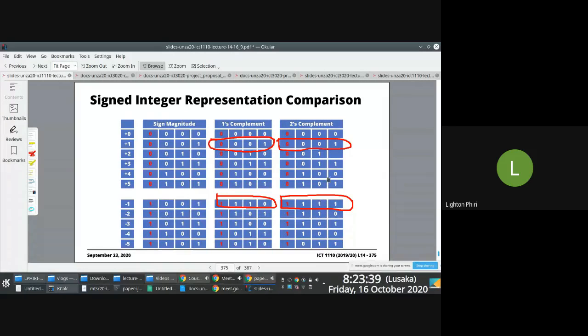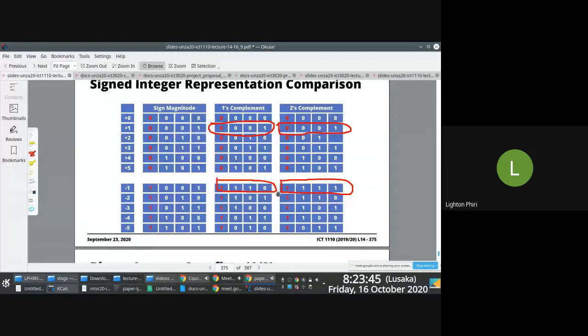Does this make sense? If you start performing your subtraction operations here by just adding the positive and negative numbers, you notice that as you're working with sign magnitude, you get very strange things. But when you're working with 2's complement, for instance, if we have +1 and -1, 0, 0, 0, 1 and 1, 1, 1, 1, you notice that we'll be able to get a 0.